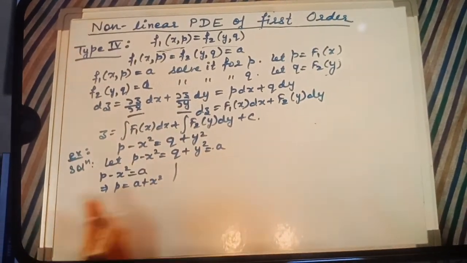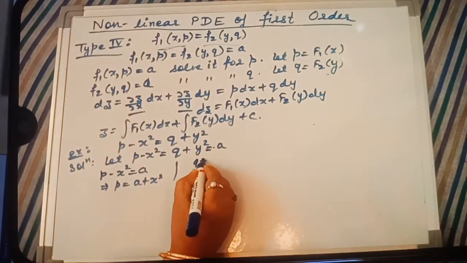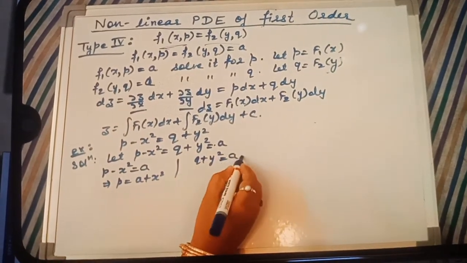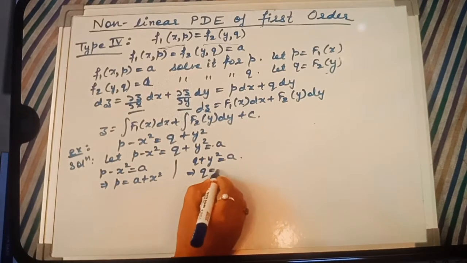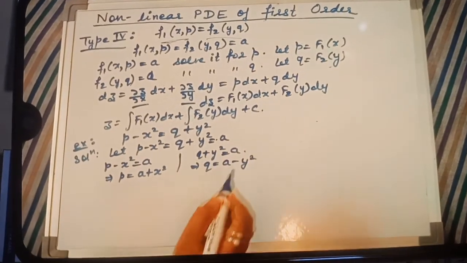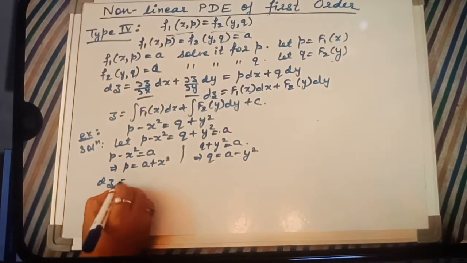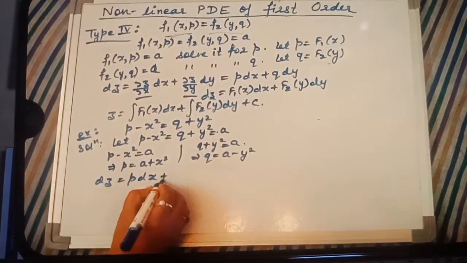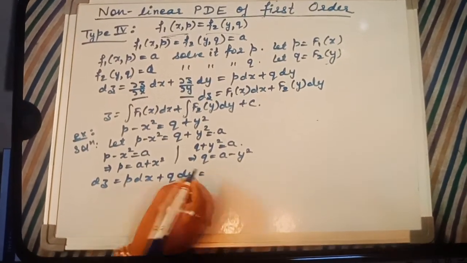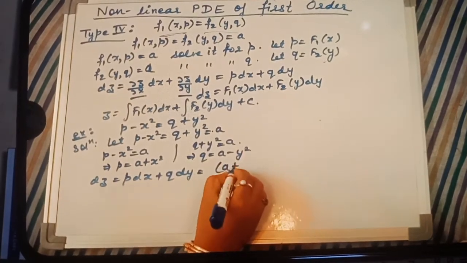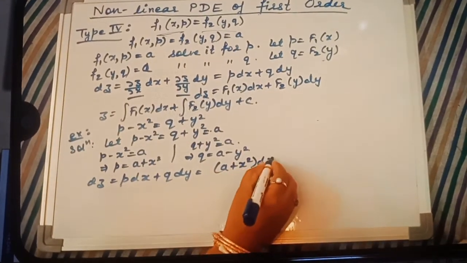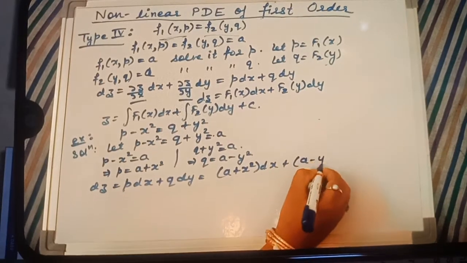Then you take q plus y square is equal to a, then you have the value q is equal to a minus y square. Okay, then we have dz is equal to p dx plus q dy. In this form we write the value of p as (a plus x square) dx plus (a minus y square) dy.